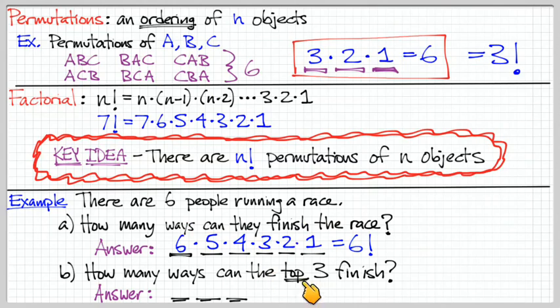How about the top 3 finishers? Well, there's 6 different people who could win the race. There are 5 different runners that can get second, and 4 different runners then can get third place. We write that as 6 times 5 times 4. Now we're going to learn about a shortcut way of writing this as well.